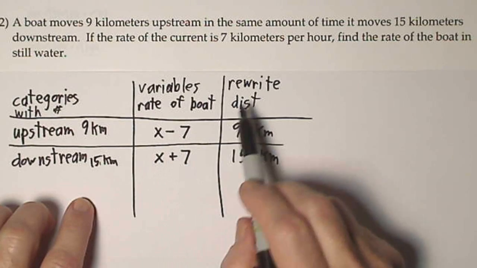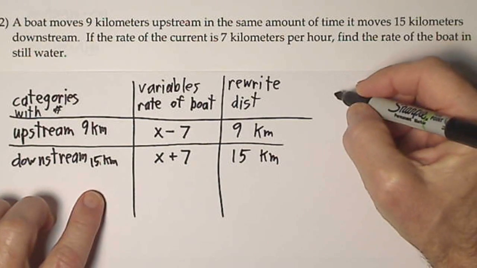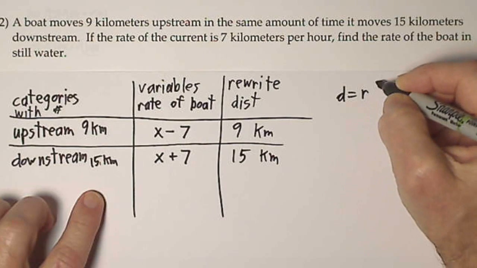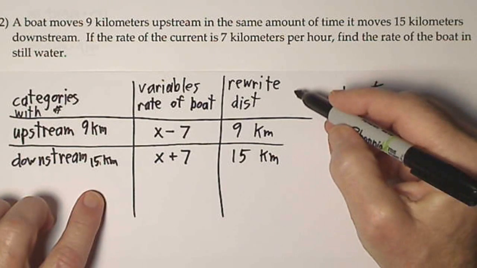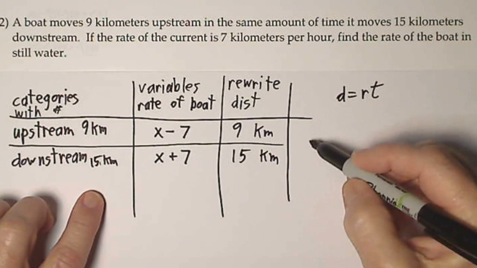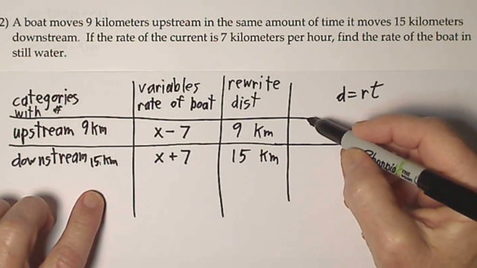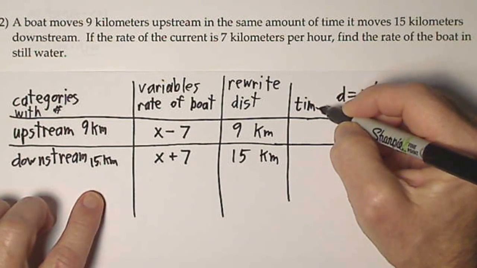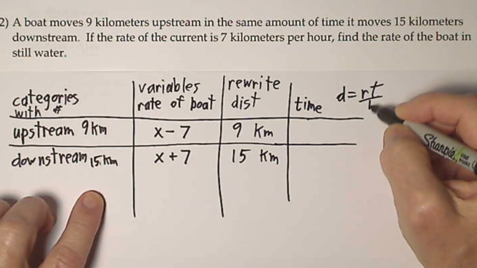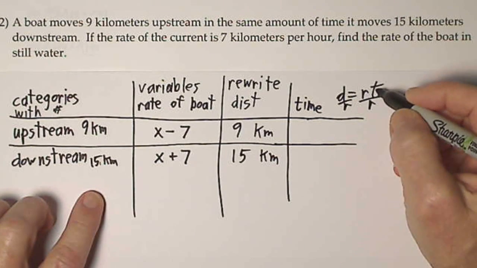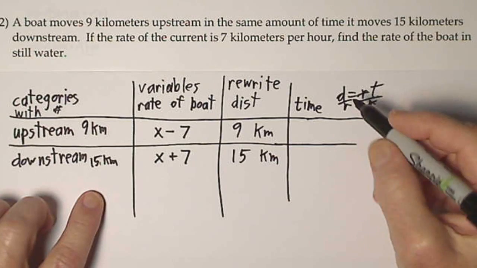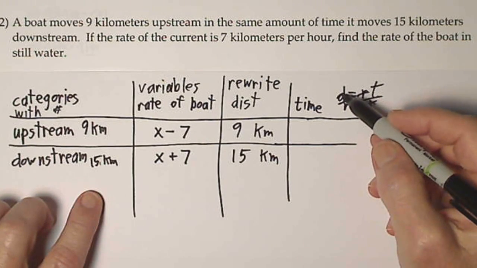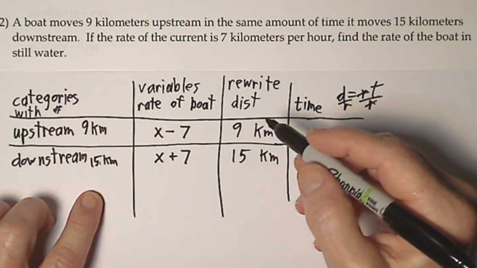Okay, the rate, the distance, your brain should be saying, what about D equals RT? But in this last category, we want time, because that's the only thing left. So we have to divide by R, divide by R. So to express time, we just have distance over rate.